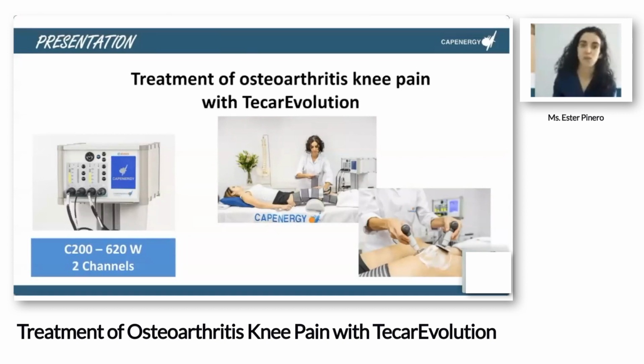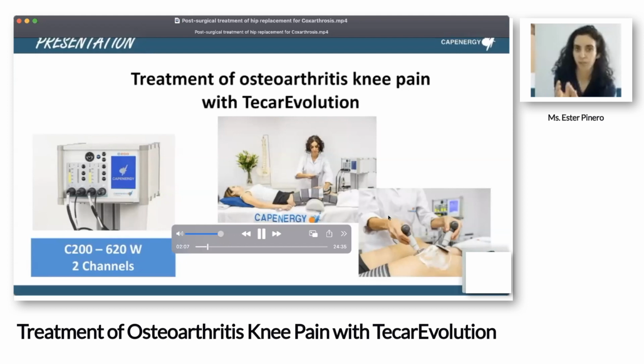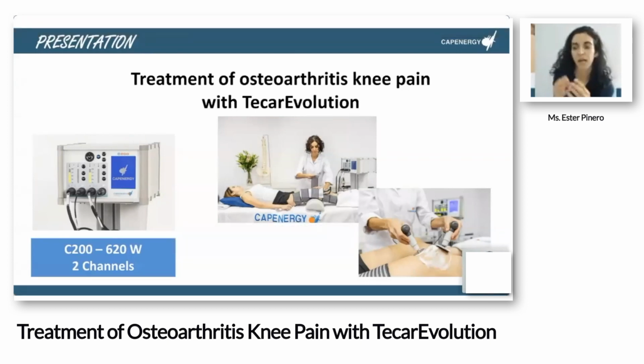I want you to know that we're going to explain all these pathologies with a device that is a C200 of Capnergy. It's a device of 620 watts of power. Then we are talking about a machine that is very powerful, and it's a machine of 2 channels.